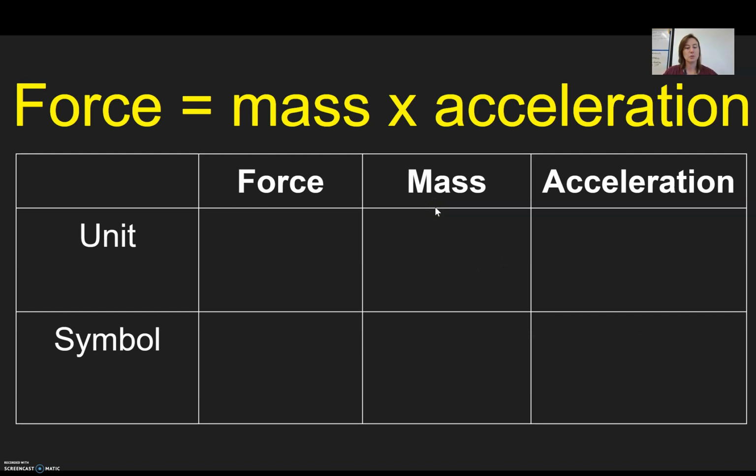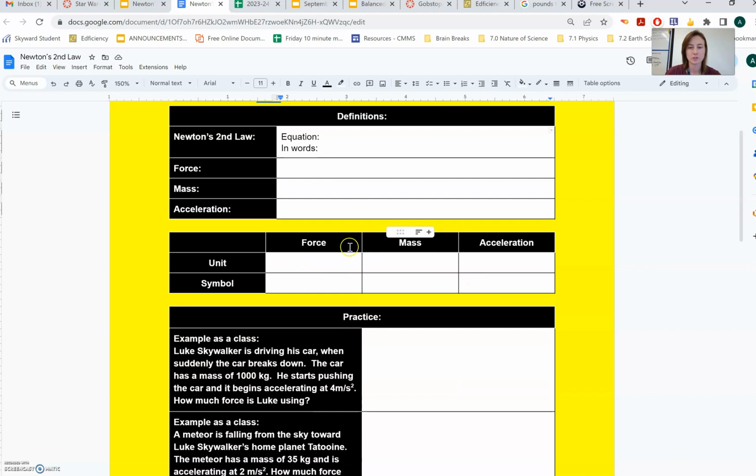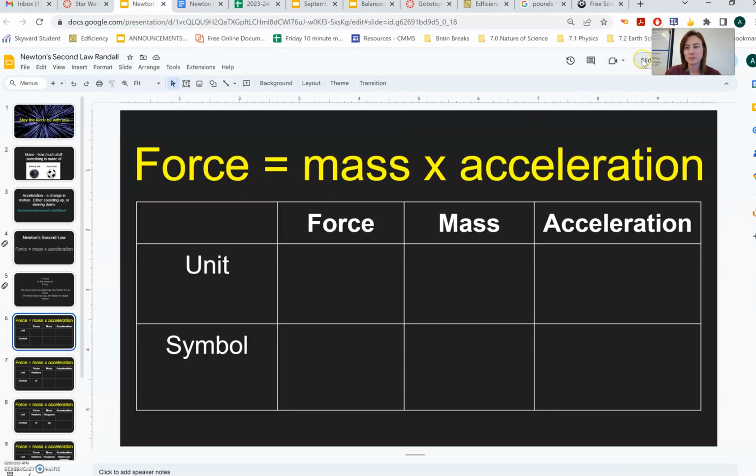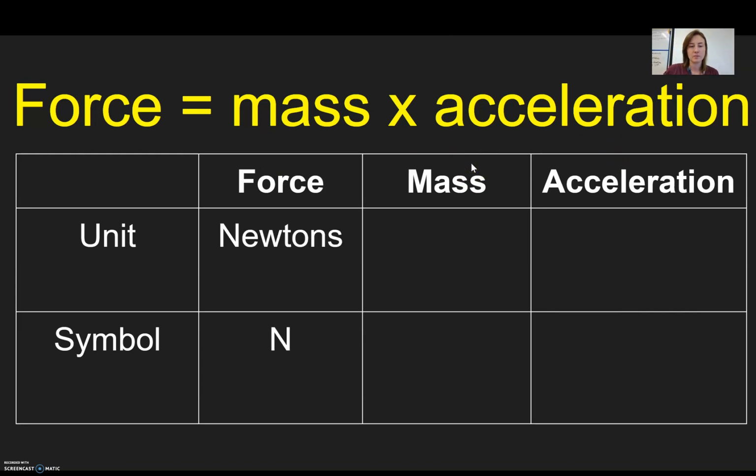Okay, now you have a table like this on your assignment as well. Your table is right here. And we are going to fill it out now because we put units after a number to be able to tell whether it's the force, the mass, or the acceleration. Okay? So newtons is what we use to measure force.